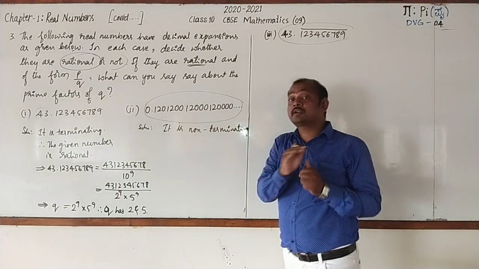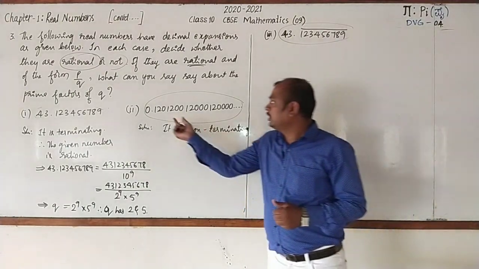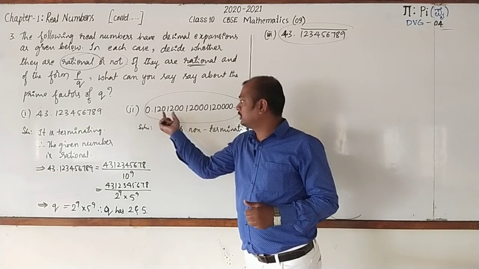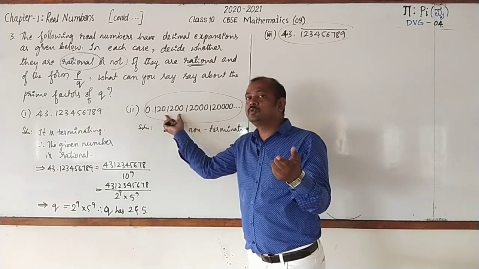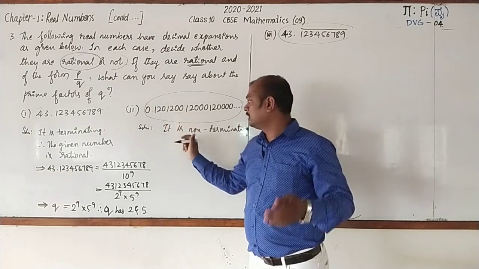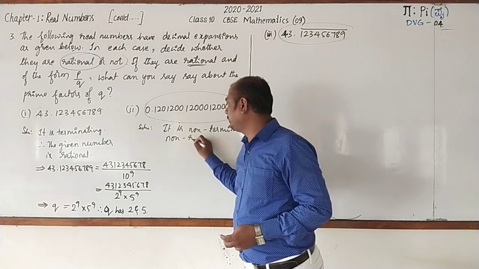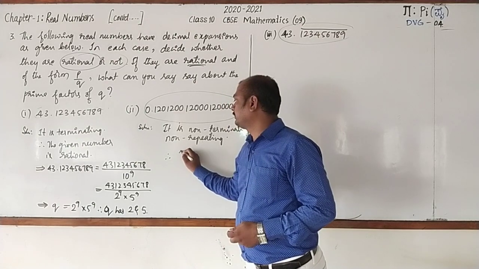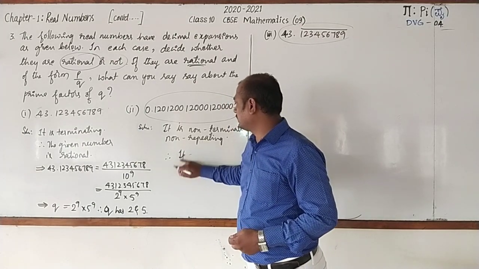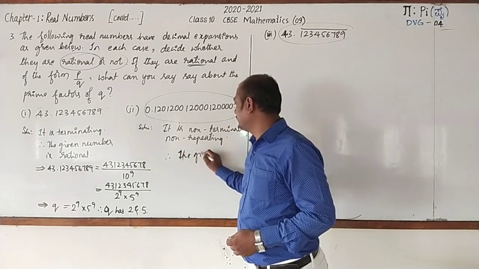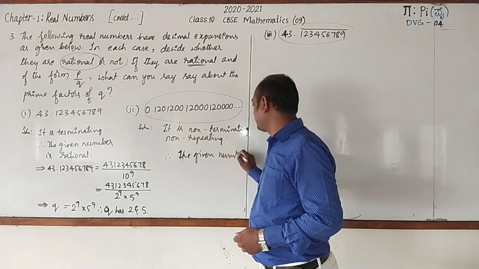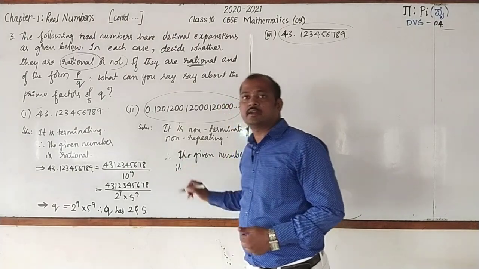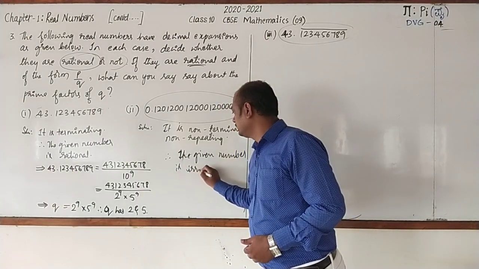Whether it is recurring or non-recurring? See that here 120 is one block, but next not 120, 12000 is there. So we can say that it is non-repeating or non-recurring. Therefore, the given number is irrational or rational? It is irrational.